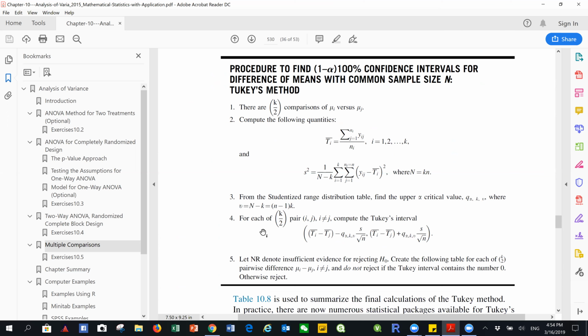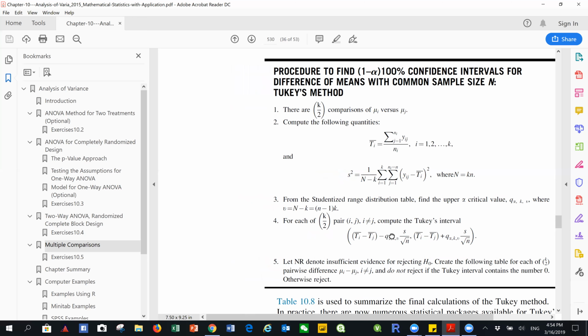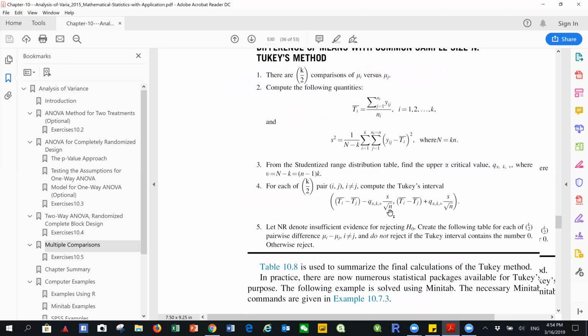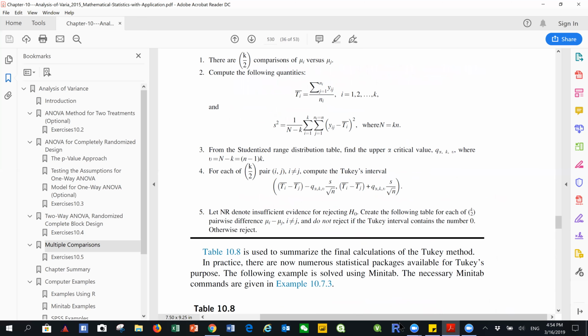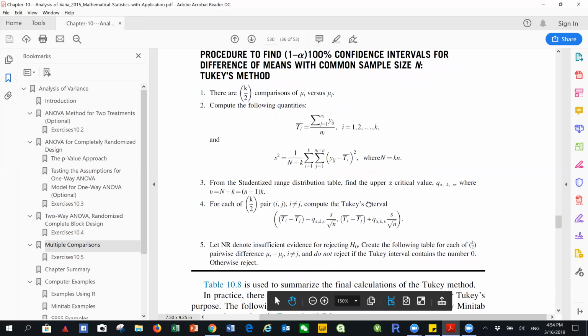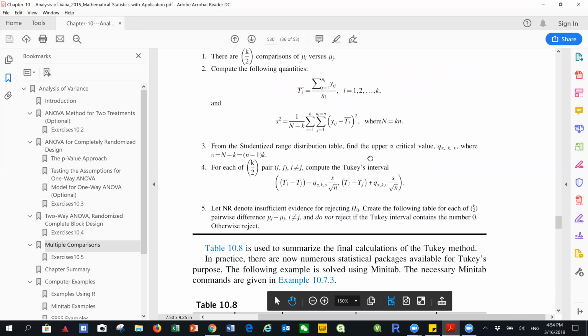For each of the k choose 2 pairs, you compute a Tukey interval, so you get six Tukey intervals. And NR denotes insufficient evidence for rejecting H0.